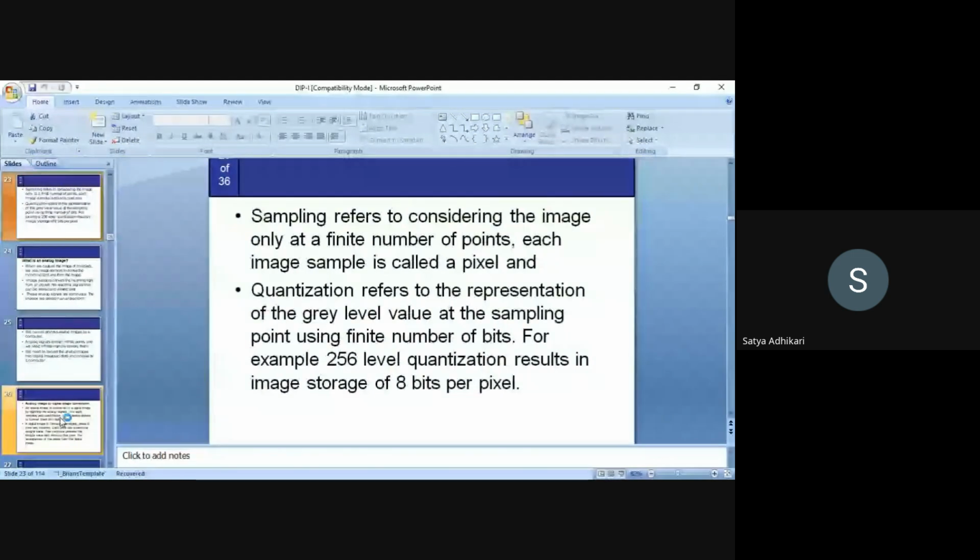Gradually, if you go from 0 to 255, the darkness decreases and finally it converts to pure white color when it reaches 255. So sampling gets the location, quantization gets the gray level value f of x y.